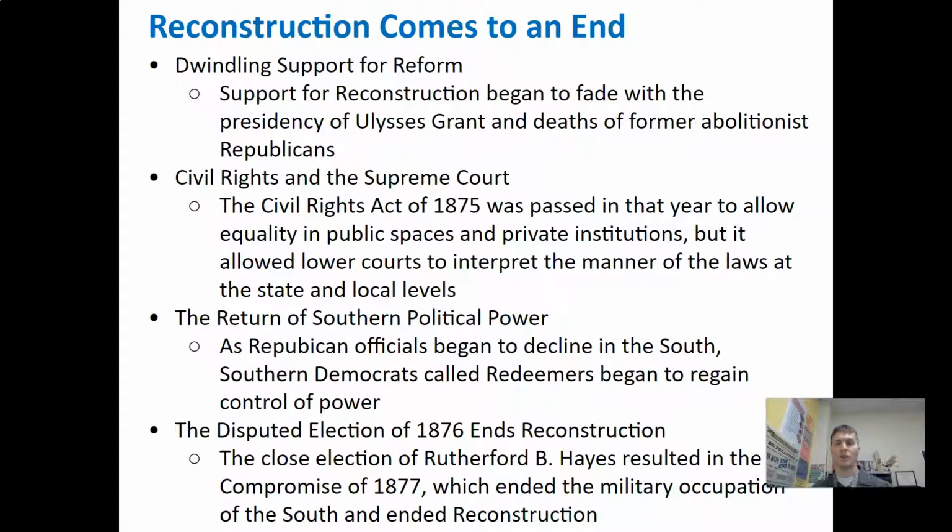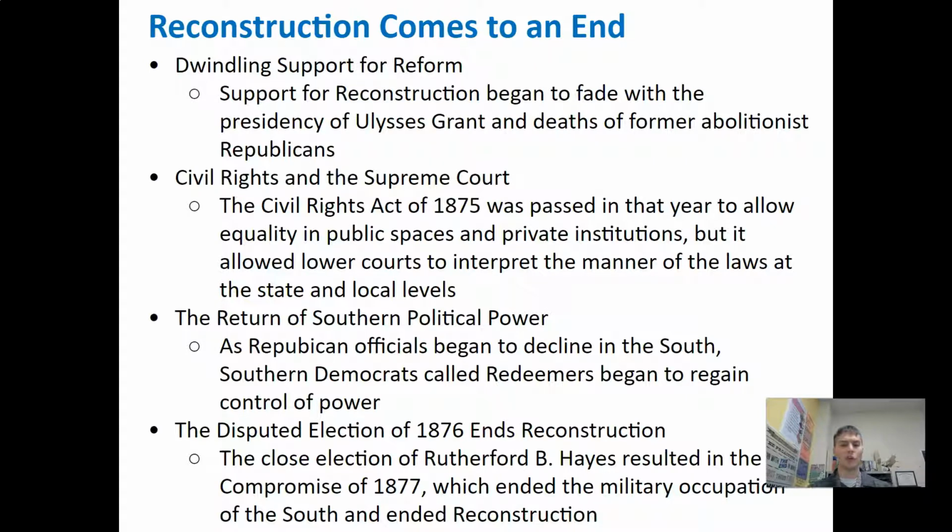So the Civil Rights Act would allow African Americans to go into public spaces and private institutions in order to participate, but it allowed those state and local courts to interpret how they should follow suit with that law. So you would see local and state governments say, okay, yes, African Americans can participate in this, but you have to go at a certain time, or you have to be segregated. This is a white only, and this is a black only segment. So it really started to show the emergence of segregation in the South.